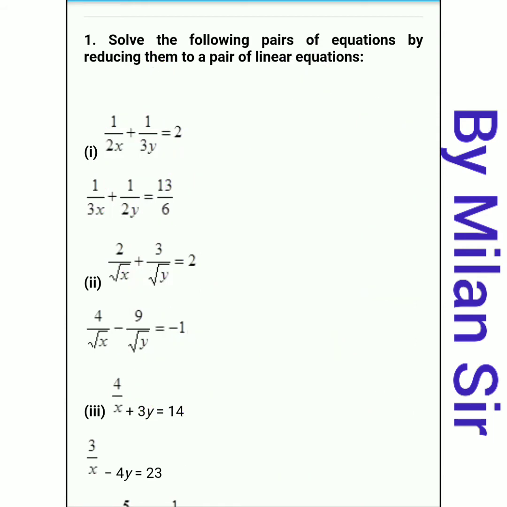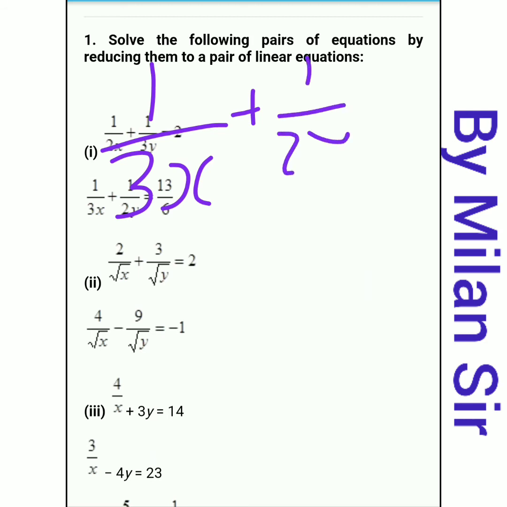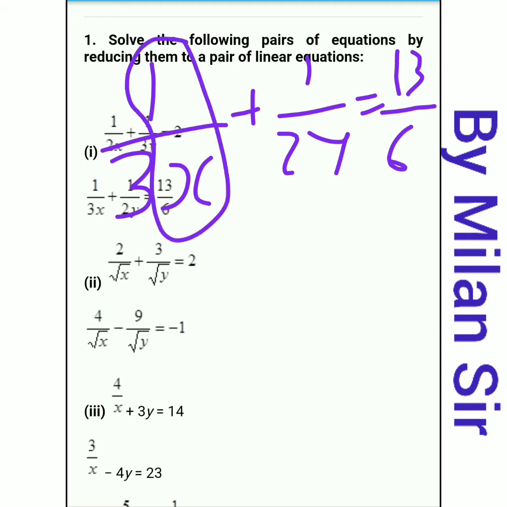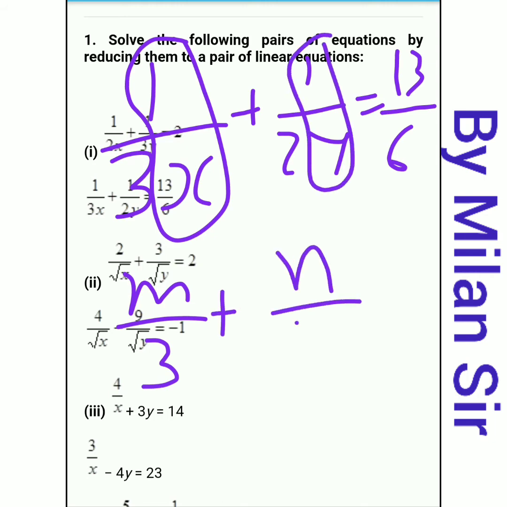Similarly, 1 upon 3x plus 1 upon 2y is equal to 13 by 6, our equation number 2. Again 1 upon x is m, divided by 3 as it is; 1 upon y is n, divided by 2 as it is; 13 by 6 as it is. Again we need to take the LCM.